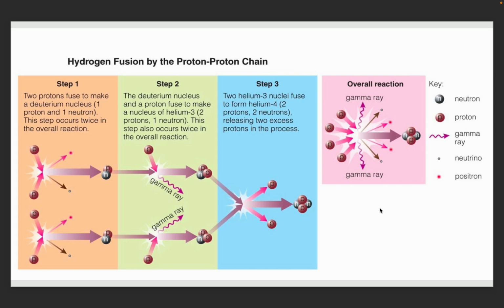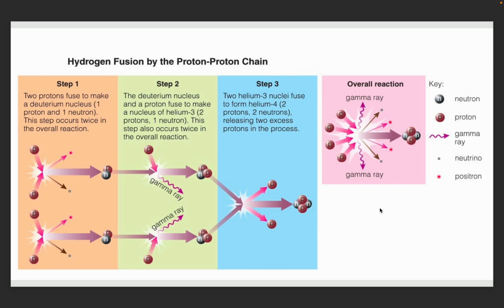This proton-proton chain reaction was first hypothesized by Bethe, and in the hydrogen fusion reaction, 4 protons, or hydrogen nuclei, get converted to 1 helium.